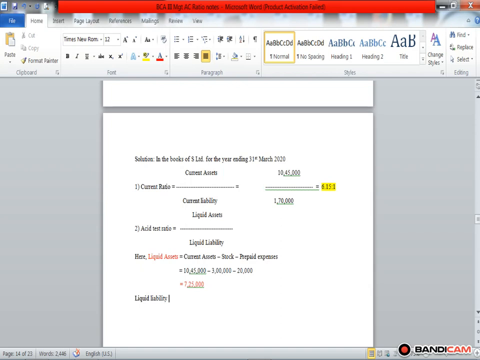Okay, so liquid liability is equal to current liability minus bank overdraft minus outstanding expenses.